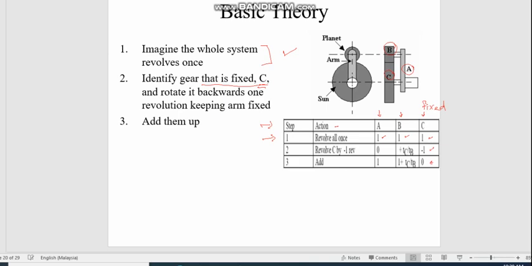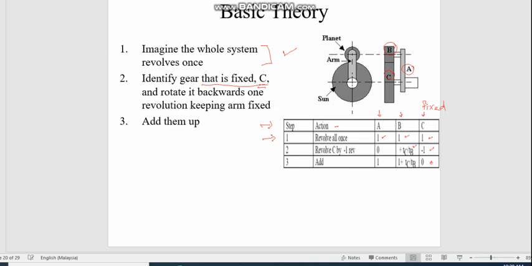And the gear B will revolve TC over TB, where TC is the number of teeth of gear C and TB is the number of teeth of gear B. So the number of rotations of B will be TC over TB.